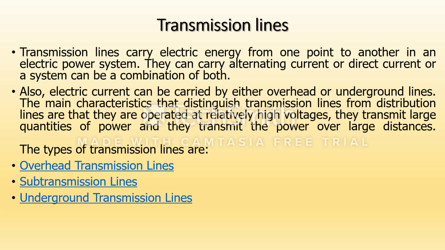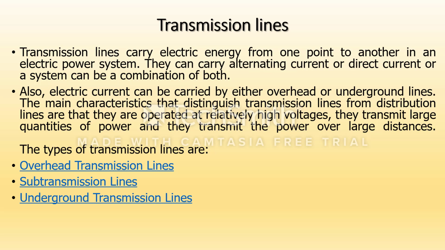Transmission lines. Transmission lines carry electric energy from one point to another in an electric power system. They can carry AC power or DC power, or a system can be a combination of both types of power.